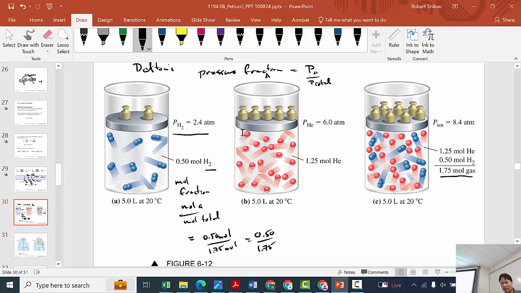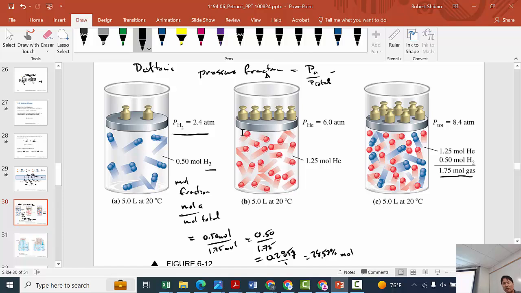So I got 0.5 divided by 1.75 is 0.2857. I'm only allowed 2 sig figs here, but I'll go extra. 0.2857 over 1, which is going to give me 28.57% by mole. This is 28.57% by mole hydrogen.